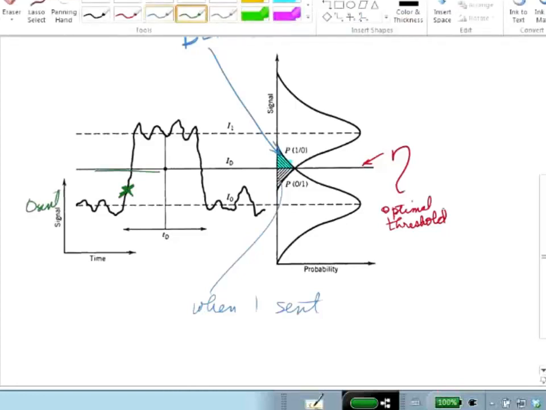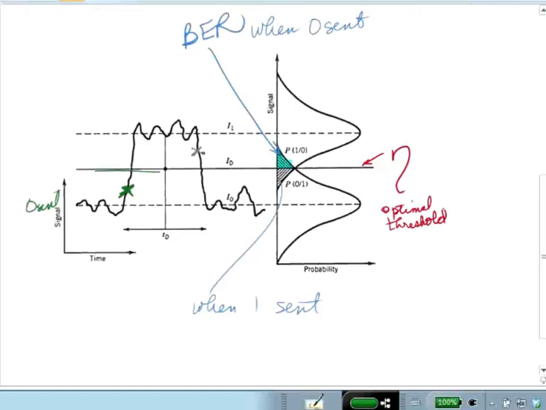If instead I have a sample that's up here, I'm going to choose that a 1 is sent. Of course, hopefully I'm going to be doing my sampling at the center of the eye, so it's very unambiguous, and I would choose a 1 is sent. But the decision is made by comparing the decision statistic with this optimal threshold.